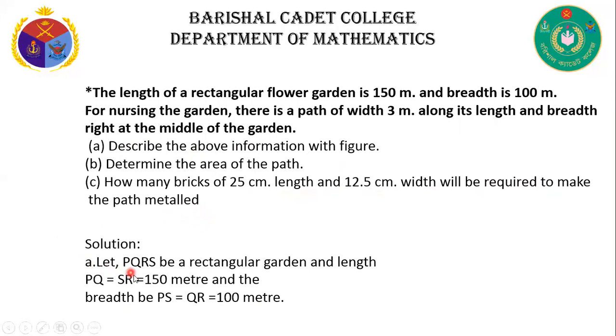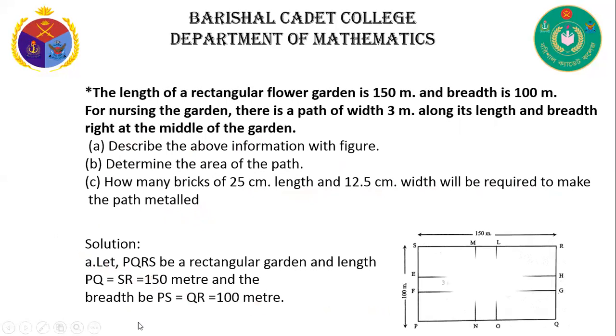Now solution. Let PQRS be a rectangular garden, and length PQ equal to SR equal to 150, and the breadth PS equal to QR equal to 100. Here, this is a rectangular flower garden with length 150 and breadth 100.